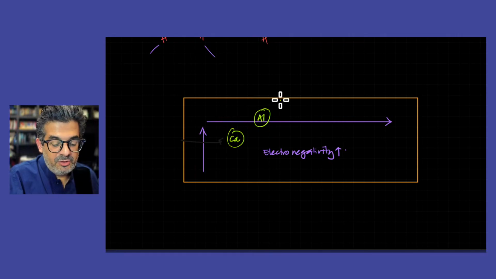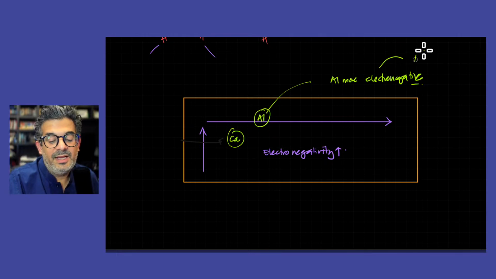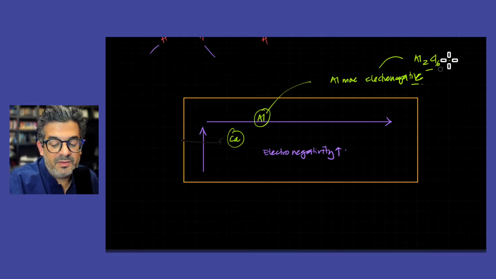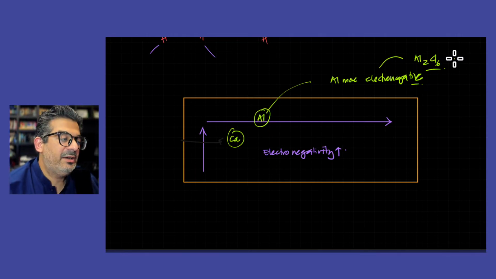So above and across, therefore aluminum is more electronegative. And you know why you also should know that? Because that's why aluminum makes covalent compounds, because it is electronegative. So does knowing now that aluminum is more electronegative than calcium answer that question in the worksheet?